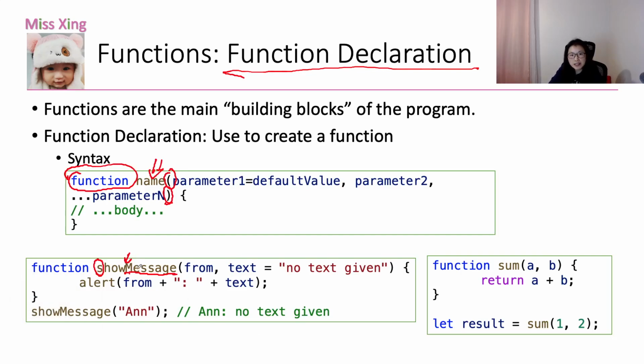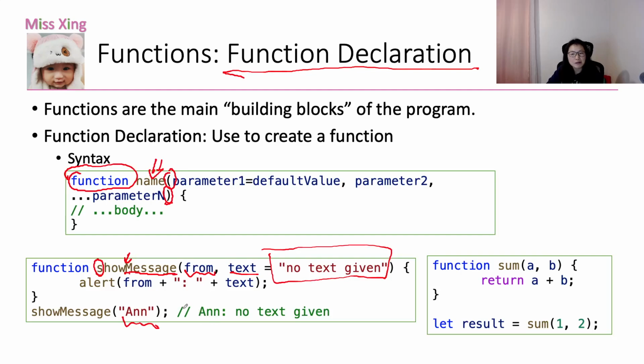It's called showMessage, okay, and you have a from and a text, with a default value of "no text given". This means when we call showMessage like this and I don't pass a value for the second argument, then it uses "no text given".